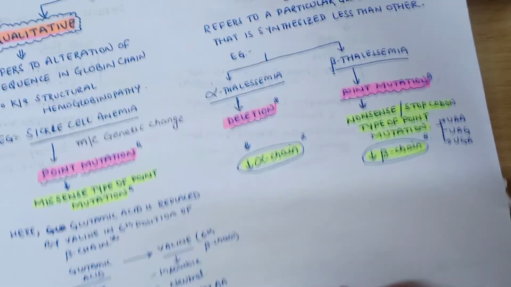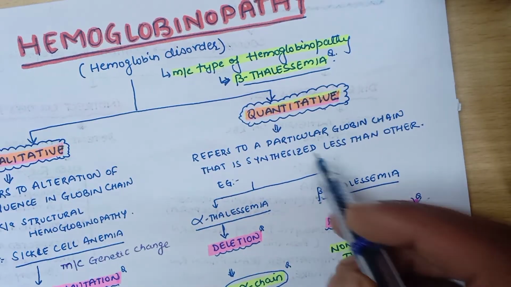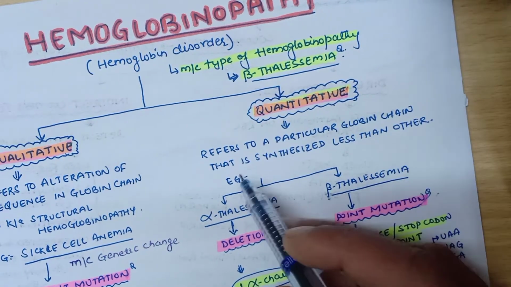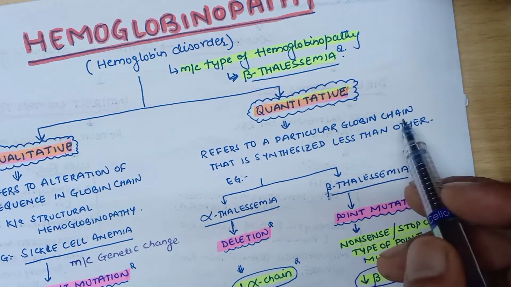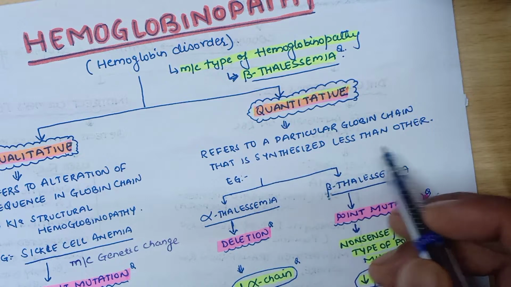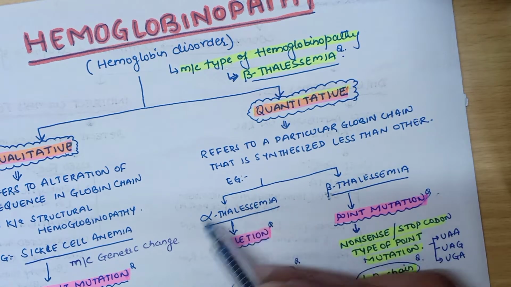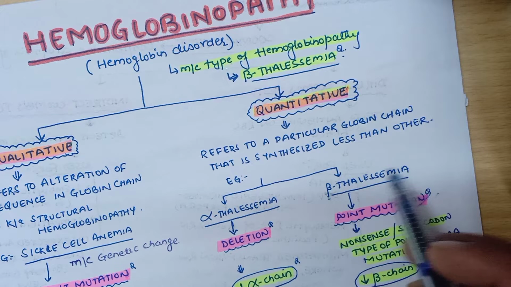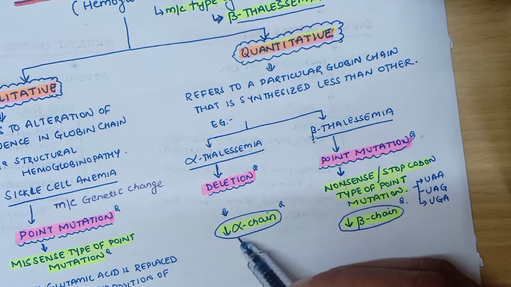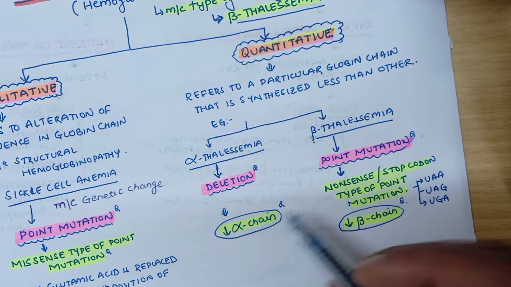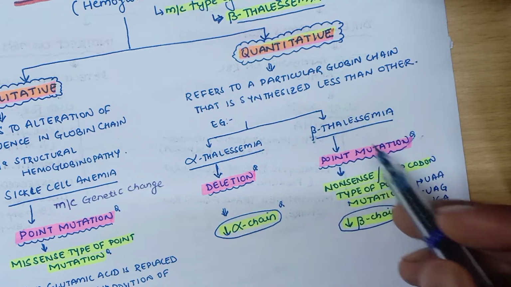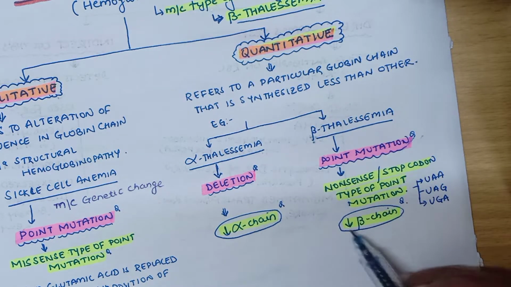Now coming to quantitative hemoglobinopathy. It refers to a particular globin chain that is synthesized less than the other, for example alpha thalassemia and beta thalassemia. In alpha thalassemia, there is decrease in alpha chain, whereas in beta thalassemia, there is decrease in beta chain.